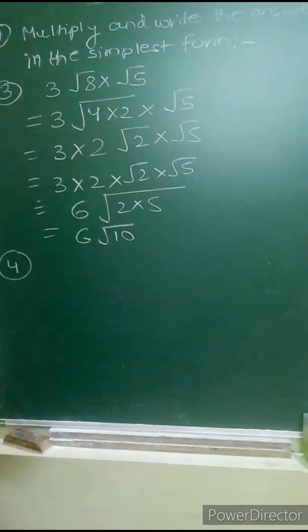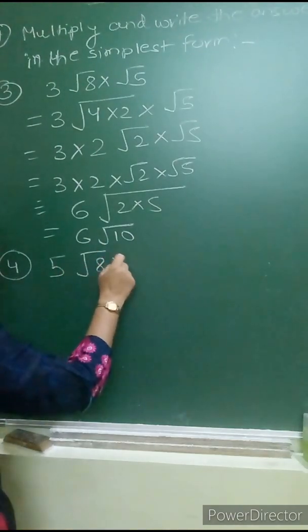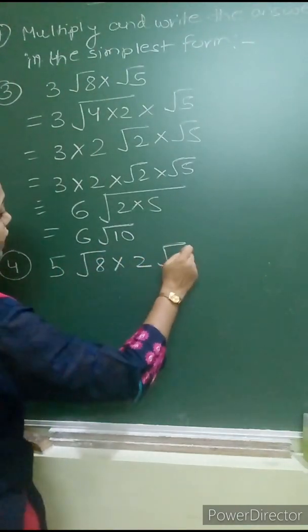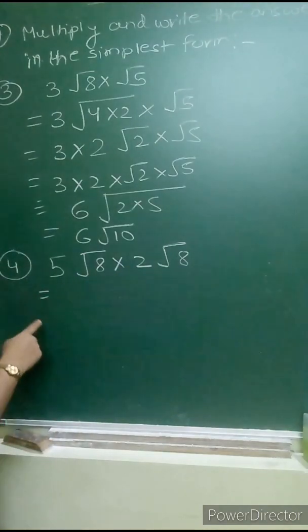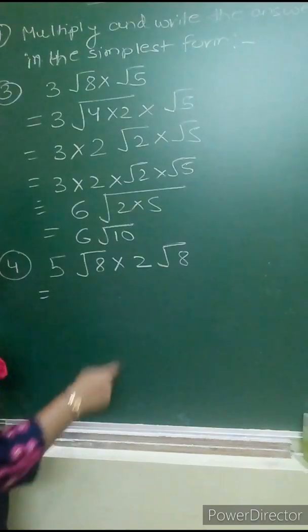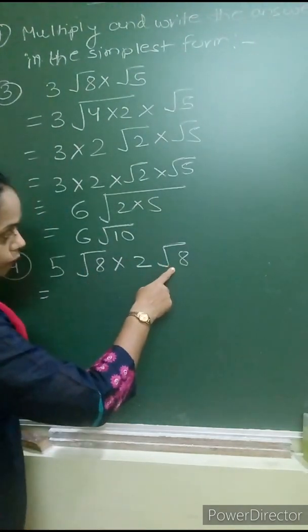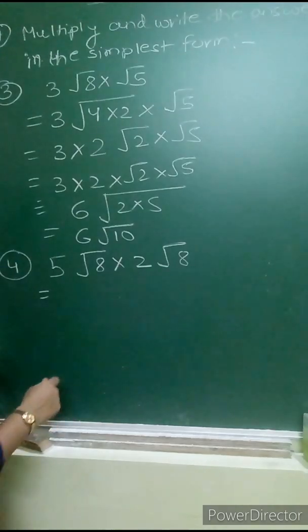Next question is 5 square root of 8 into 2 square root of 8. See here in this question, although I can write 8 as 4 into 2, here I have got 2 square roots of 8. You know that when one square root of 8 is multiplied by another one, then we get 8 as the answer.